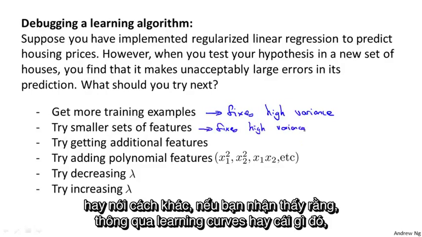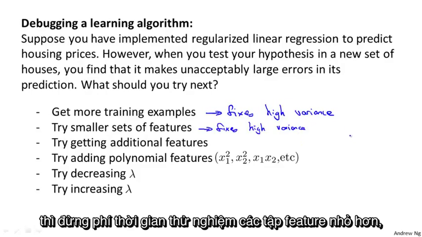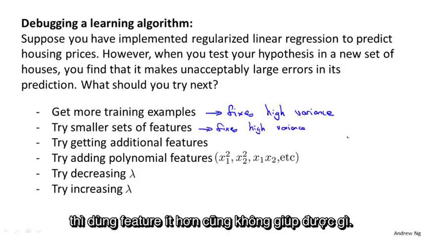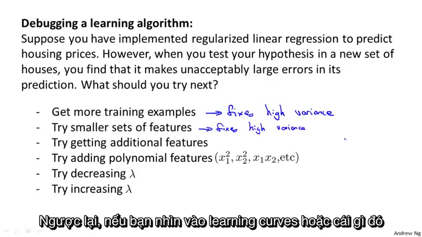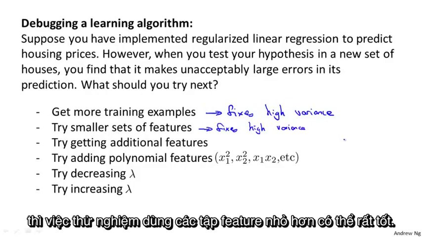In other words, if you figure out by looking at learning curves or something else that you instead have a high bias problem, then for goodness' sake, don't waste your time trying to carefully select a smaller set of features to use, because if you have a high bias problem, using fewer features is not going to help. Whereas in contrast, if you figure out that you have a high variance problem, then trying to select a smaller set of features might indeed be a very good use of your time.